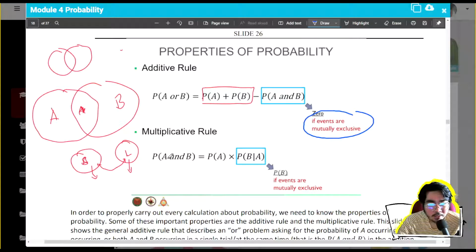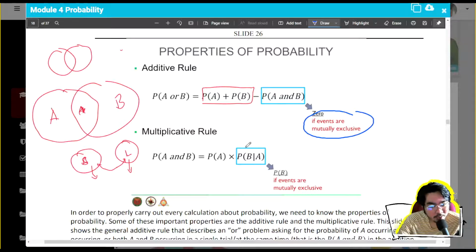Then the multiplicative rule is just the probability of A and B. So again, if it's AND, we multiply: the probability of A times the probability of B. And usually this is stated as the probability of B given A. In simple terms, this is the probability that B will happen given that A has already happened.